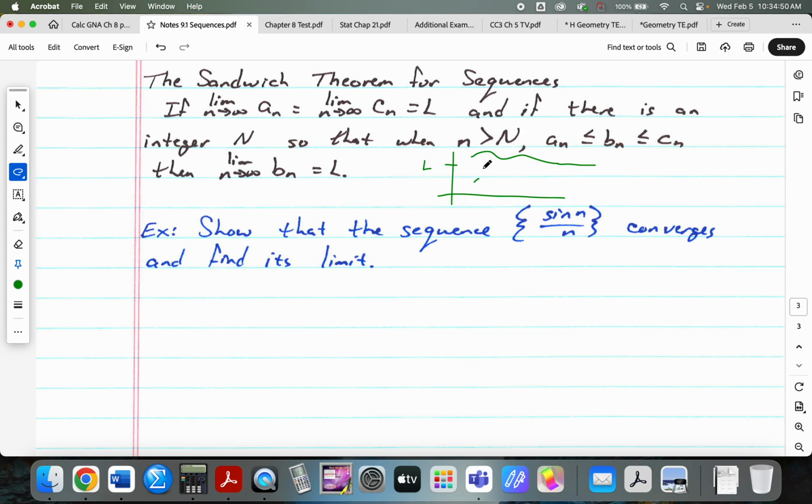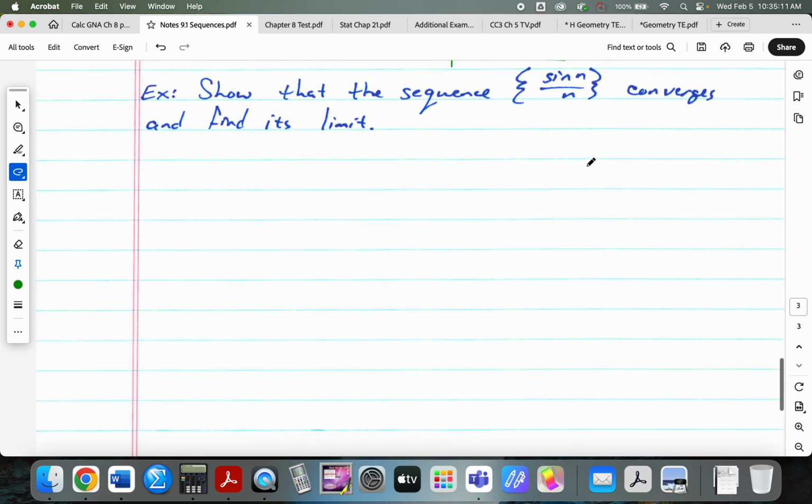Oh, I have it the other way around, so I'll make this c sub n, and this is your a sub n, excuse me, and b sub n is in between those two. It gets squeezed between the two, okay? Which can be helpful for showing things like this.